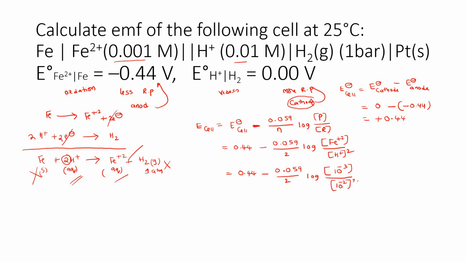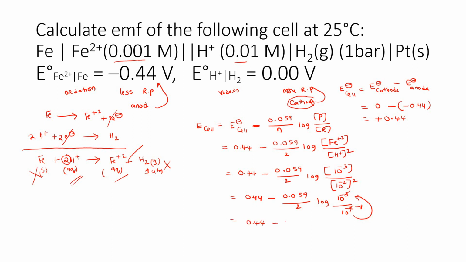How many moles are there? 2 moles. Now again I am writing 0.44 minus 0.059 by 2 log 10 to the power of minus 3 by minus 2 to the power of 2, equal to 10 to the power of minus 4. Now minus 3 minus minus 4, we are going to get 10 to the power of minus 1 here.